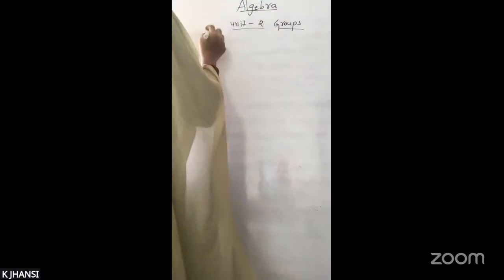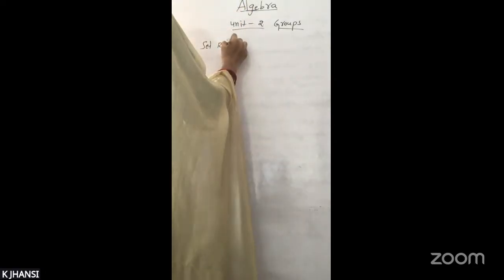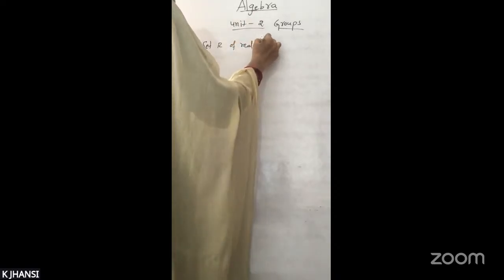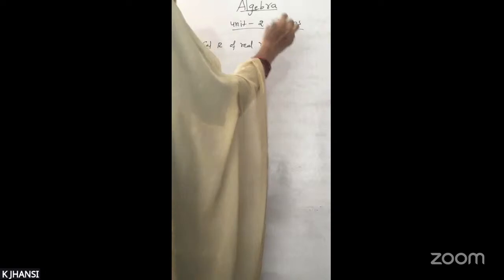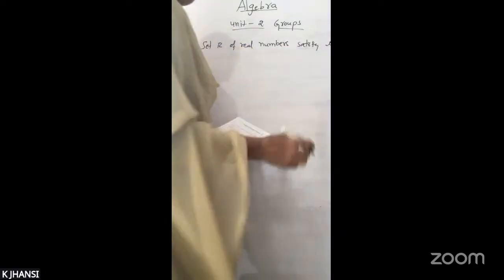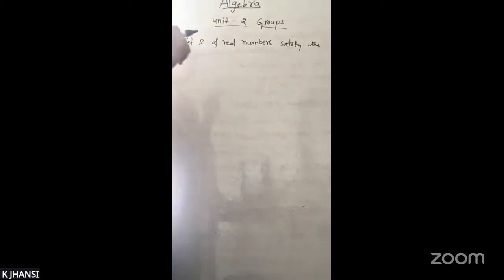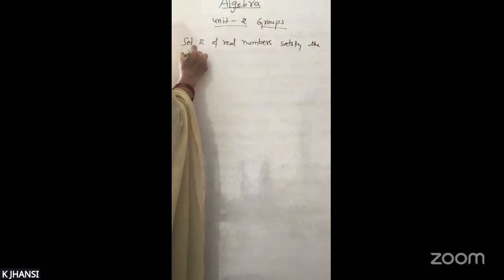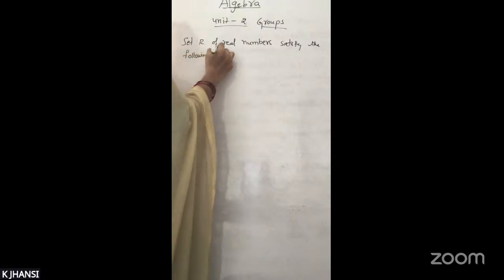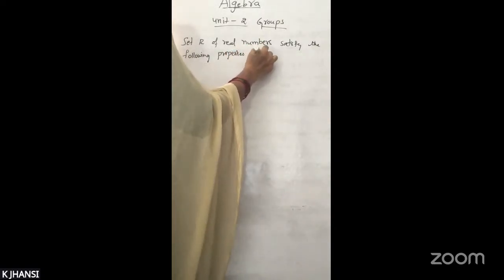So you are taking the set R of real numbers satisfying the following properties under addition.